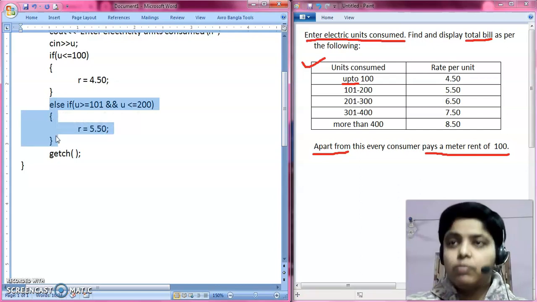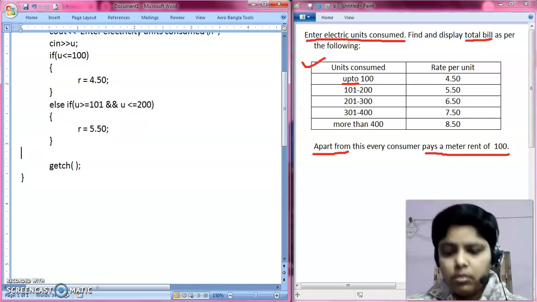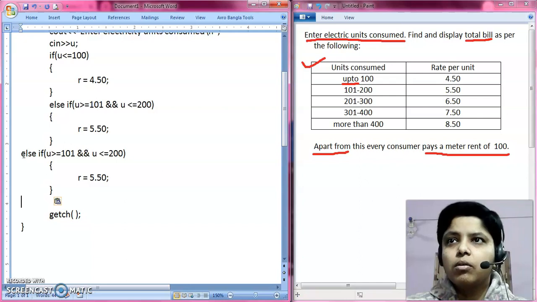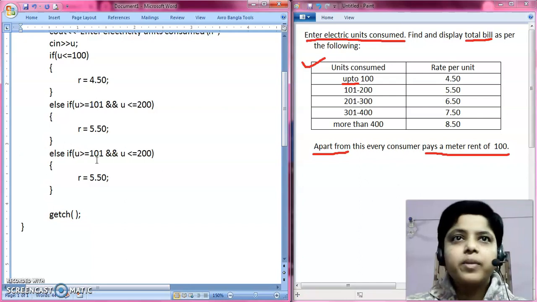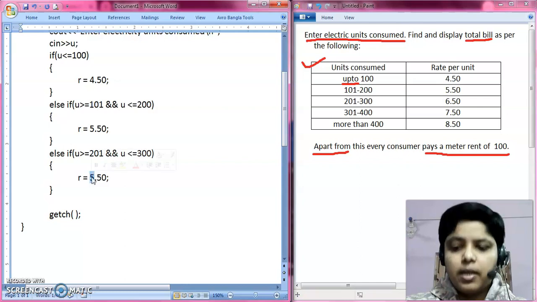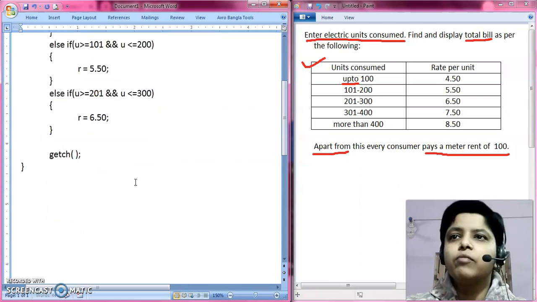So I am doing some copy paste here. Here it is 201 and this is 300, and this condition is 6.50.